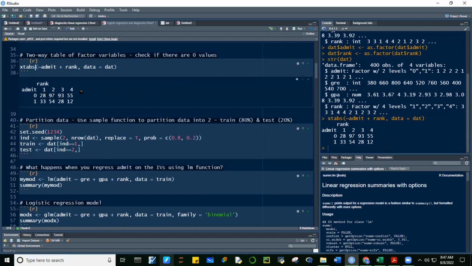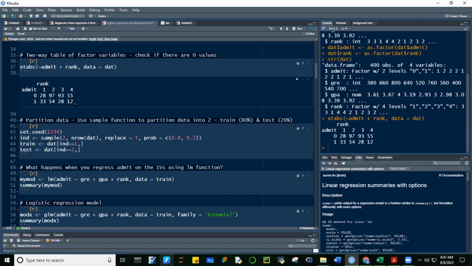1, 2, 3, 4. So we can see here that for rank 1 schools, 28 were not admitted, 33 were admitted, no? So more than 50% chance na matanggap ka sa rank 1. Pero dito sa rank 4, very low yung percentage, 12 admitted, 55 were not.